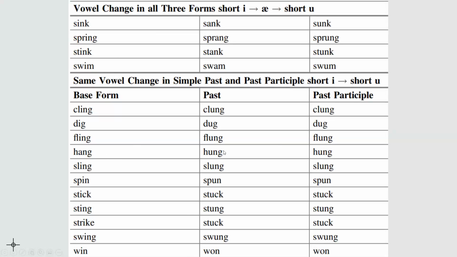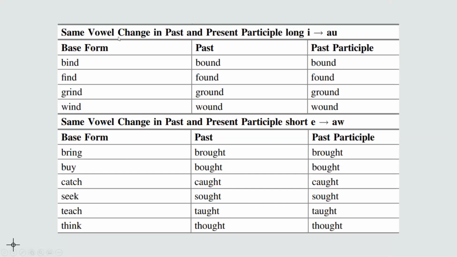Hang, hung, hung. Spin, spun, spun, and so on. Here, the same vowel change in the past and past participle. I changes to ou. For example, bind, bound, bound. Find, found, found, and so on.